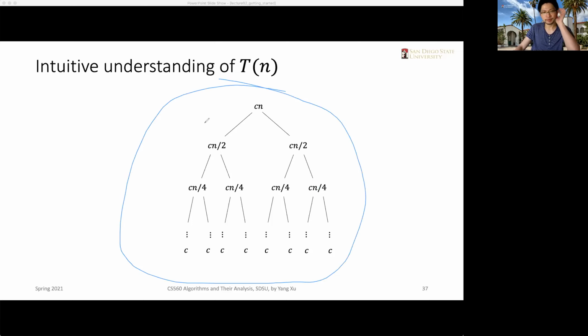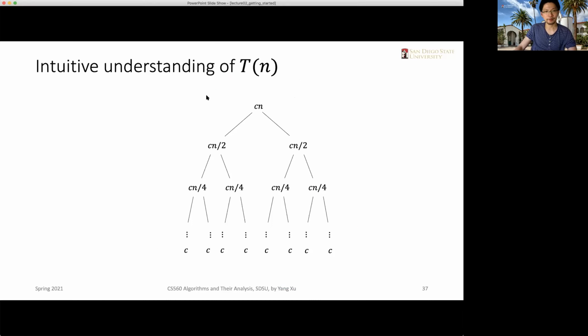We need to keep in mind that this whole tree indicates the running time for the merge sort algorithm. And then all we need to do is to sum up all the nodes in the tree in order to get the final solution to T of n. By observing the nodes, we have some good news. If we look at those levels, the root level gives us c times n.